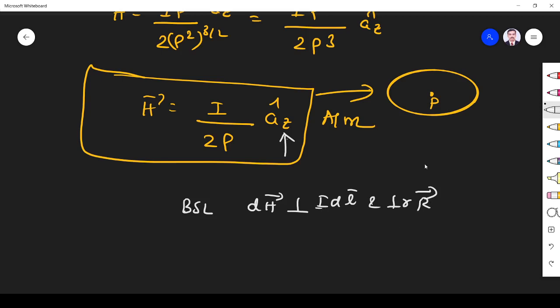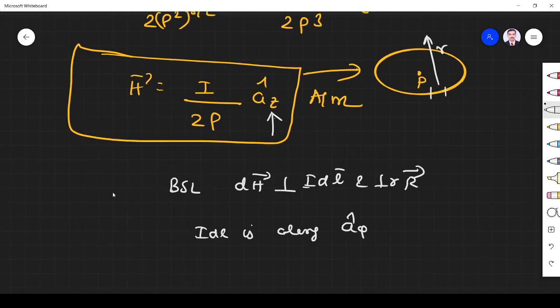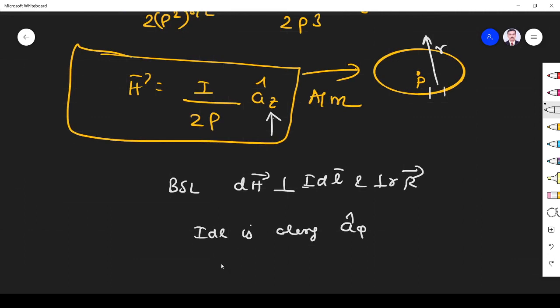So where is our I dl? Our I dl is along the phi direction, that is A phi. Where is R? We know R will be in this direction, right? So R, capital R, is along the rho direction, that means A rho, right?